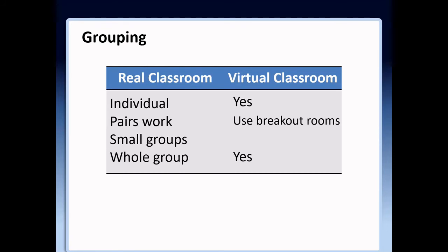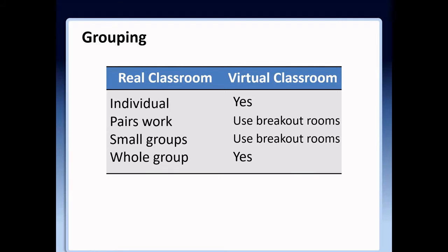That way, the students are working only with their partner in that room, and they are not disturbing any other students in the other breakout rooms, and they're not being disturbed by them either. And indeed, we can use the same for small groups.